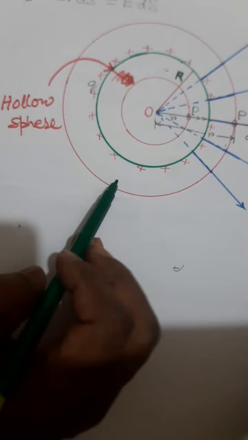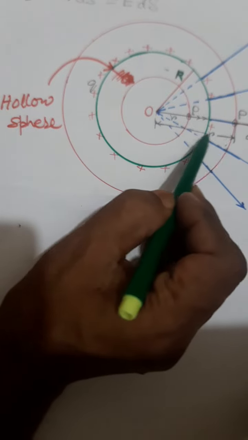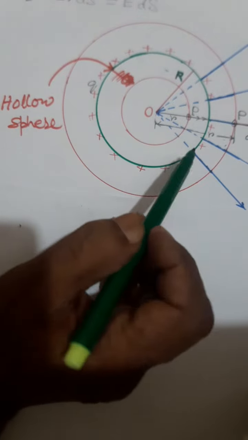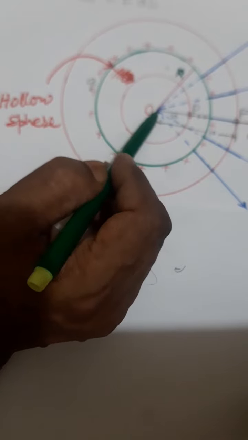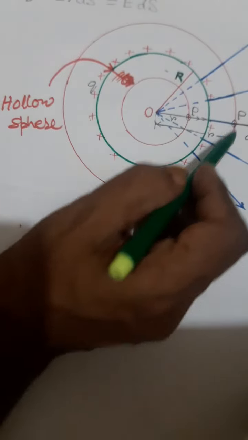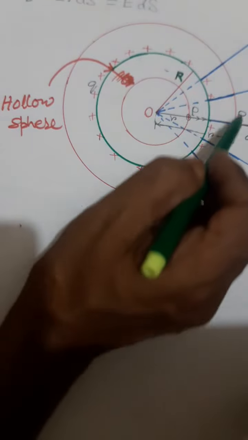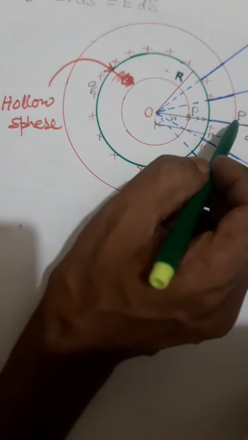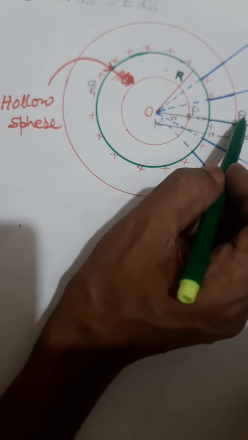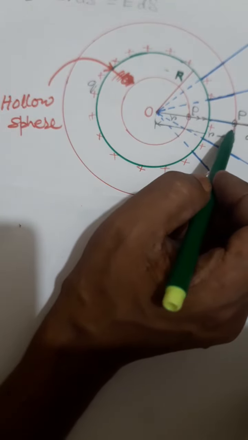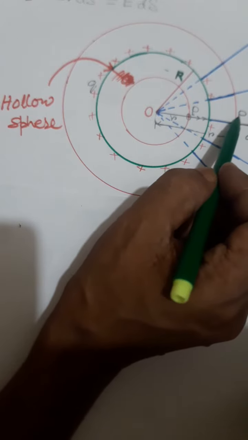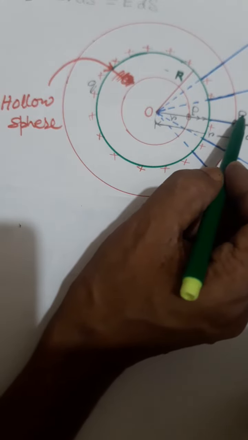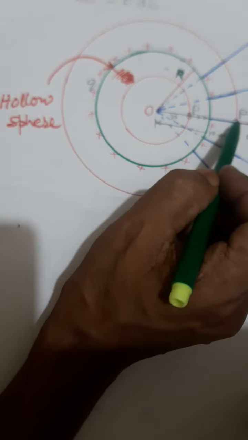We draw a sphere of radius r with center at O. Then this spherical surface is called Gaussian surface. It will then include P, as P is at a distance r from the center.